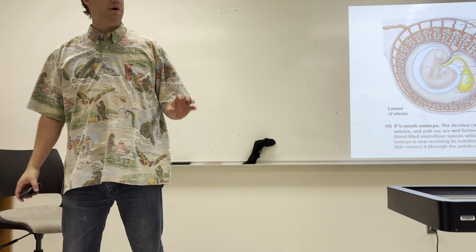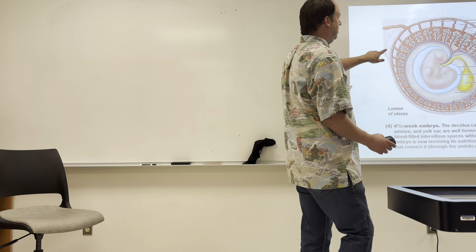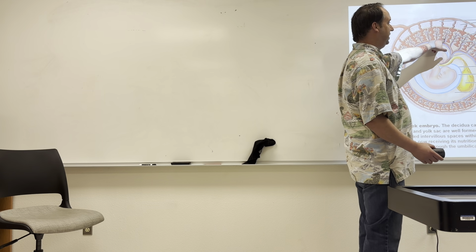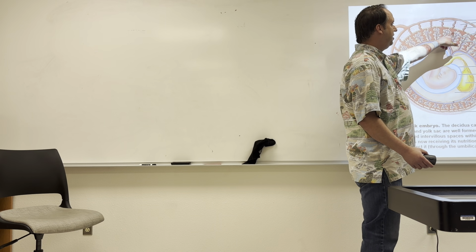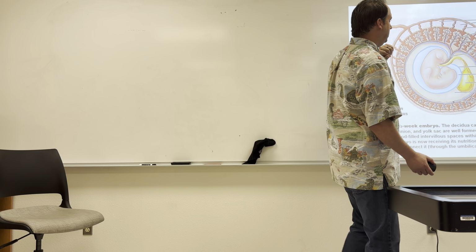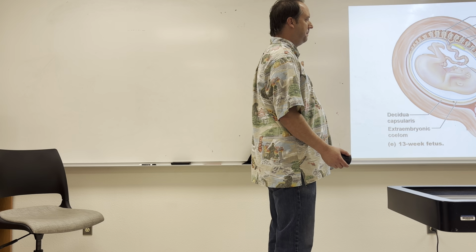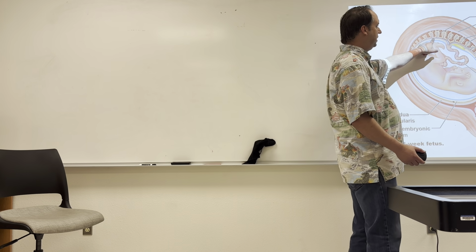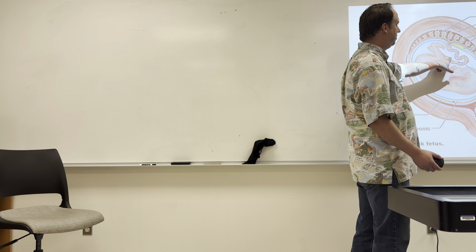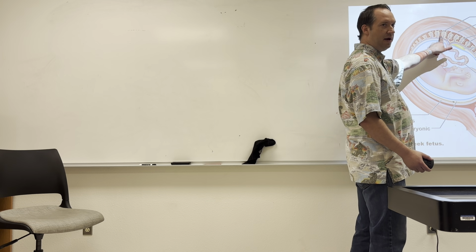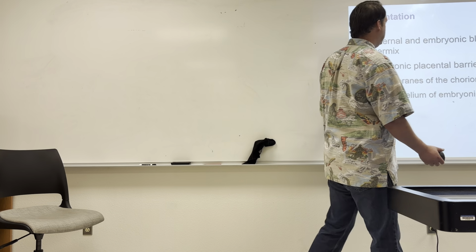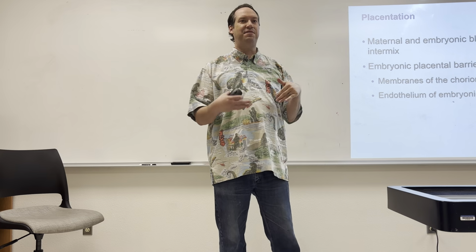So here's that. Now, what we see here, here's our chorionic villi, and then here is maternal blood. Here's another picture of this as we develop. Notice our umbilical arteries and veins are coming into the umbilical cord, and then we have all these tiny little capillaries out there. Maternal blood and fetal blood never mix.